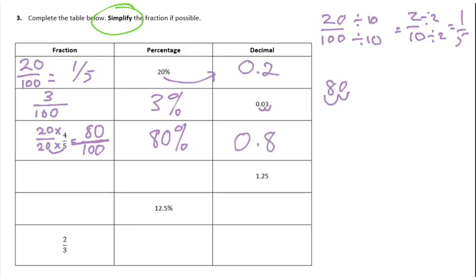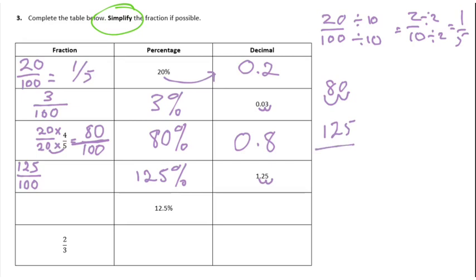Now I have 1.25 as a decimal, so this is over 1 now. When I convert that to a percentage, I need to move that decimal place over 2 spaces. That's going to become 125%. To turn that into a fraction, it is 125 divided by 100, 125 per 100. And then I need to simplify that.